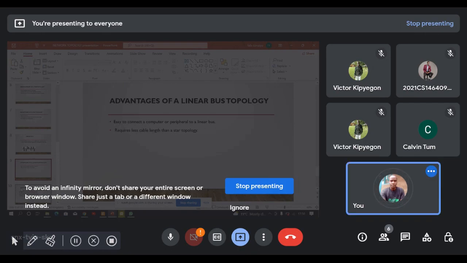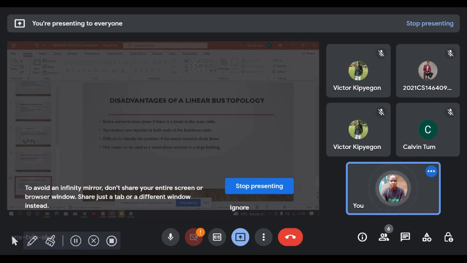It is easy to connect a computer or peripheral to the line bus. That is, you just connect directly to the linear cable. Then it requires less cable length than the star topology.